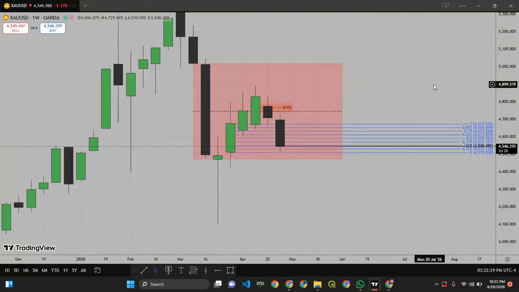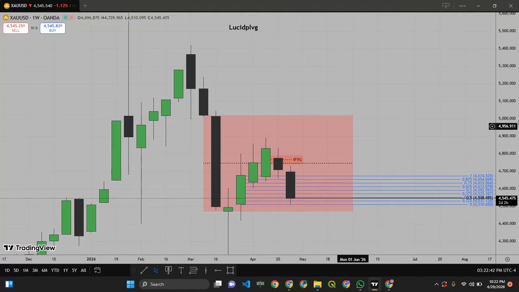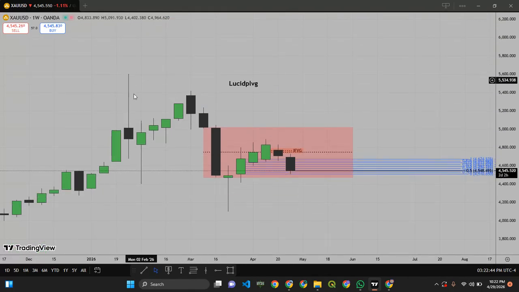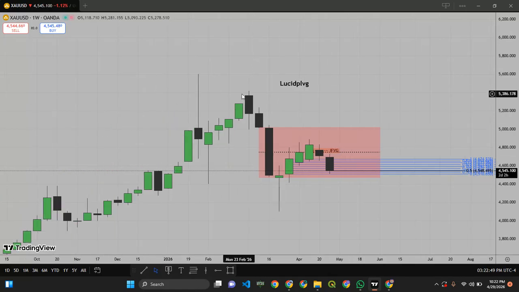So what is sell side liquidity here? What is liquidity? Liquidity is the ability of an asset to be converted into cash. And where is liquidity found? You will find liquidity at highs and lows. As the market is making higher highs and lower lows, you will find liquidity at your highs and at your lows.